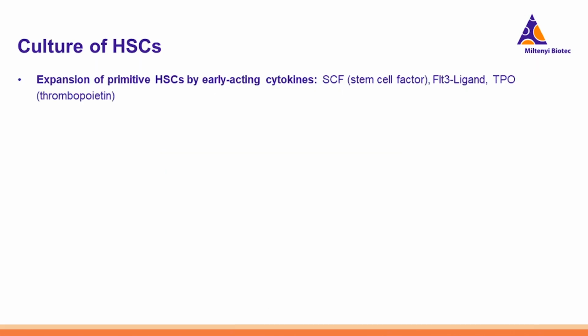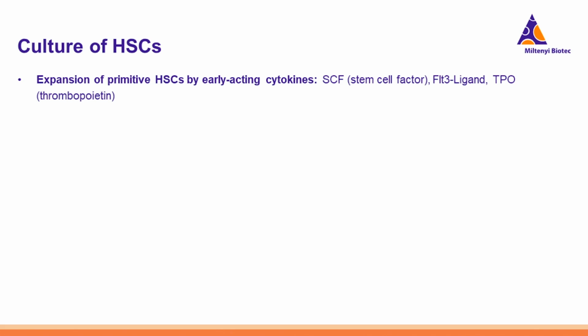The number of HSCs in human samples is often insufficient for downstream applications. HSCs can be expanded in culture with HSC-relevant growth factors to obtain higher cell numbers or to study mechanisms and signaling pathways driving self-renewal or differentiation.